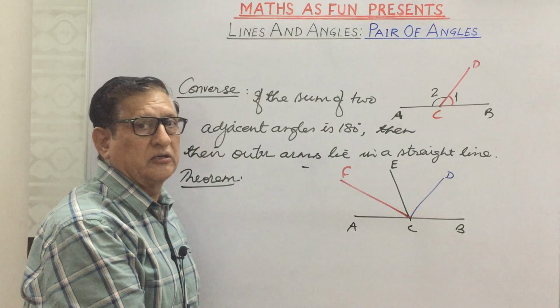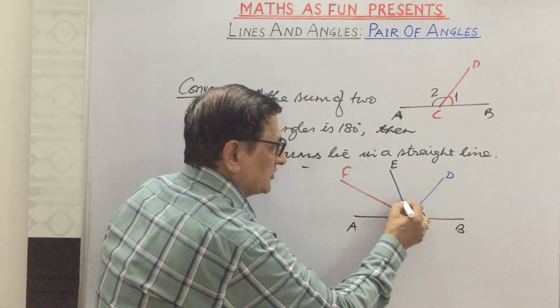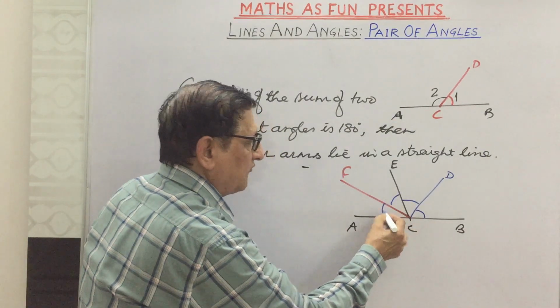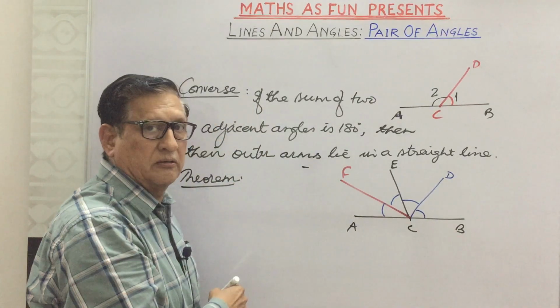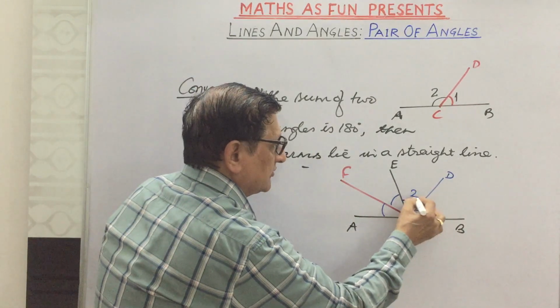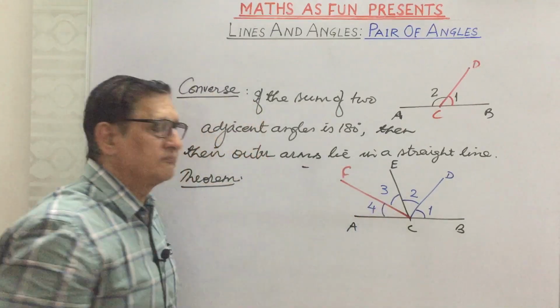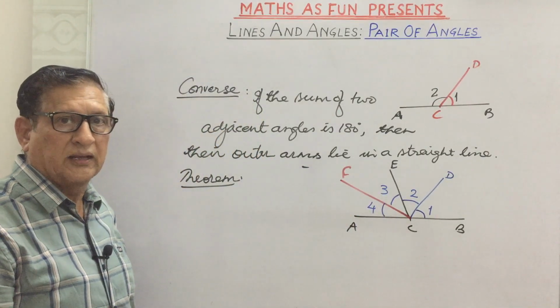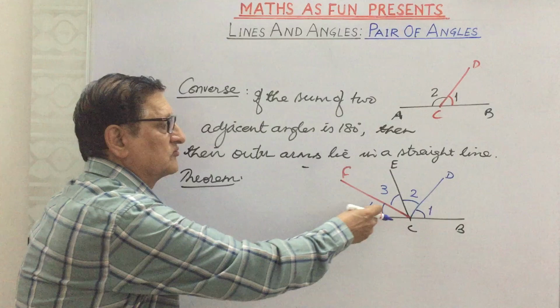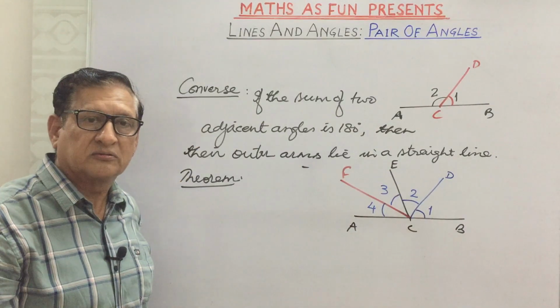So we are finding here number of angles on the same side of this line AB. This is suppose angle 1, 2, 3 and this is 4. Then the sum of all these angles will be 180 degree or not?